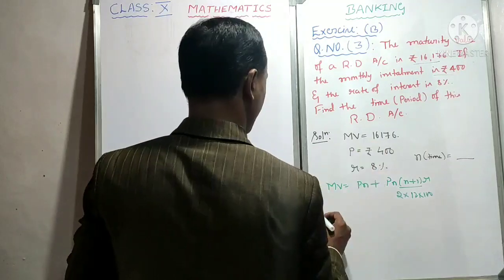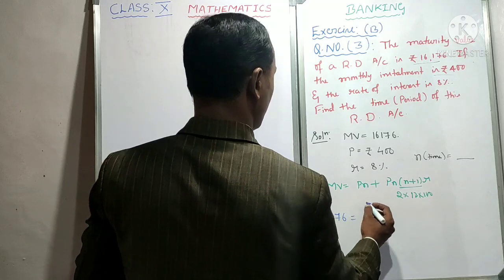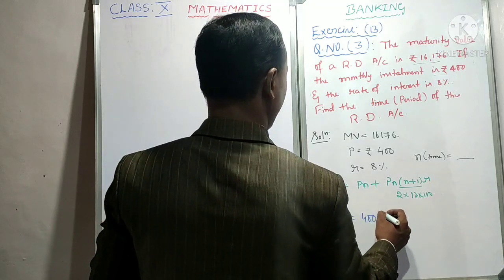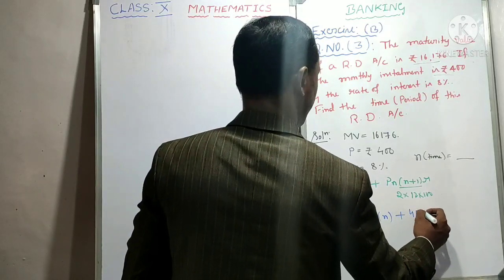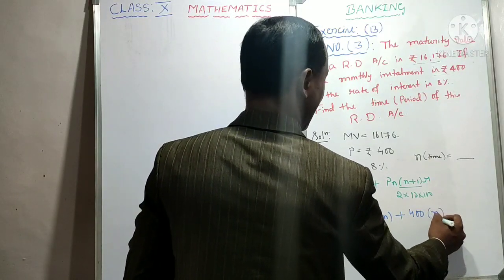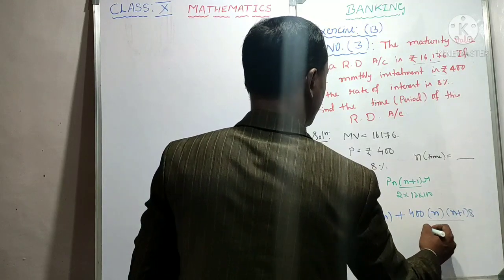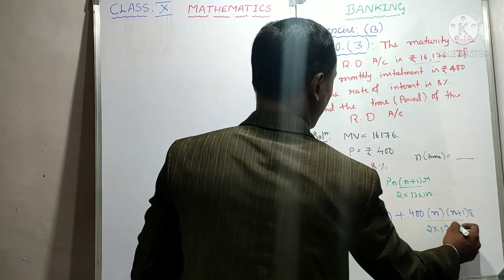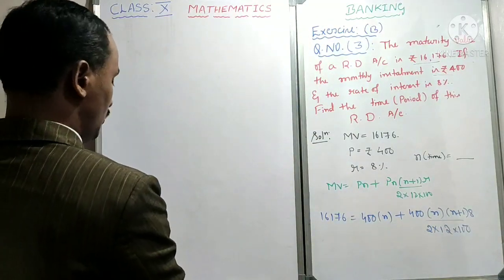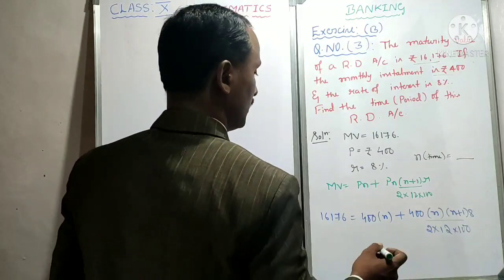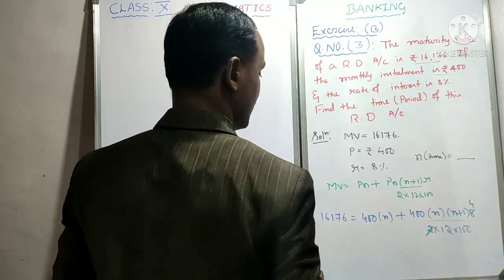See, maturity value 16,176 is equal to P value 400, N value we don't know, use the bracket, plus P value again 400, N value as it is, N plus 1 as it is, R value 8 divided by 2 into 12 into 100. You go through the easy simplification, don't go lengthy. Okay, now 2 1s are 2, 2 4s are 8.